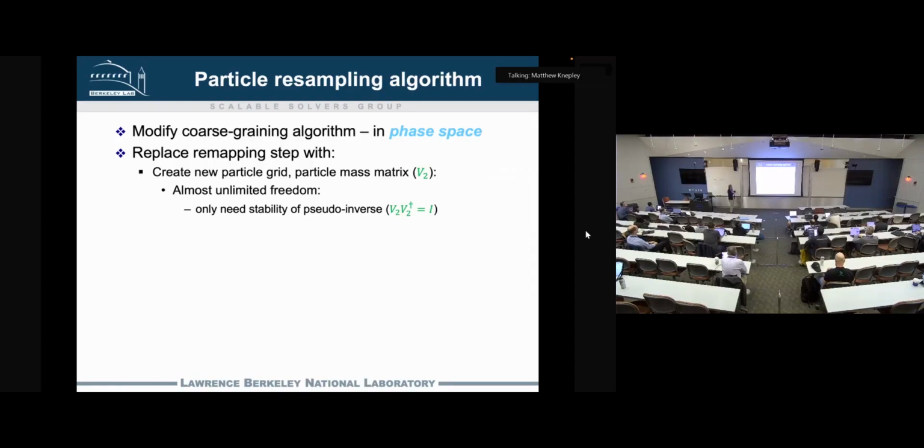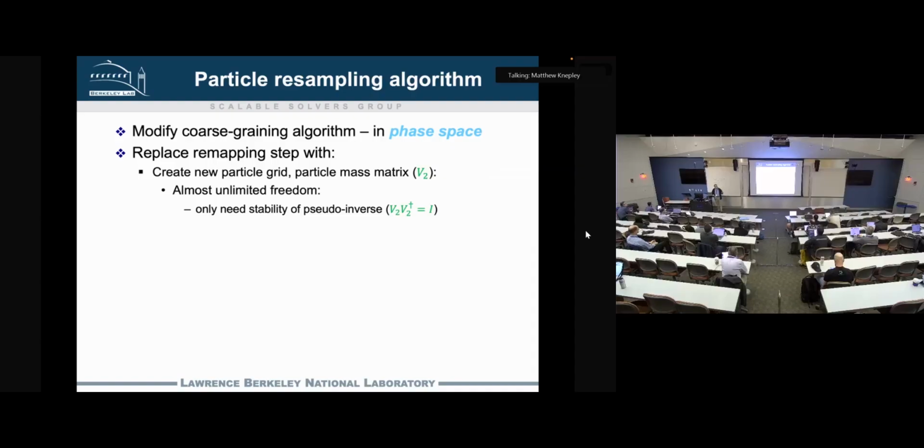And you can create a new set of particles any way you like. The only thing you have to ensure is that this pseudo-inverse is stable. And that includes how you define your mesh, so you can do mesh adaptivity to fit your particles better, and then within that, you can work with kind of AMR in both the mesh and the particles to get those to talk to each other. You have both degrees of freedom in the design space to do this.